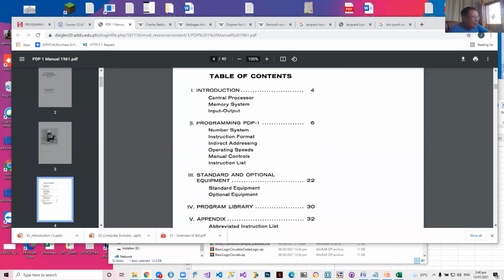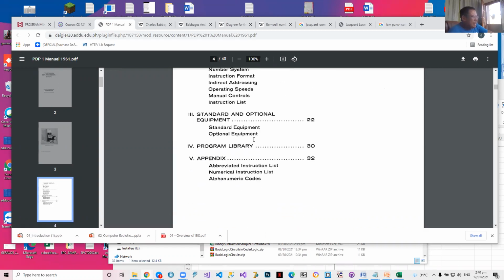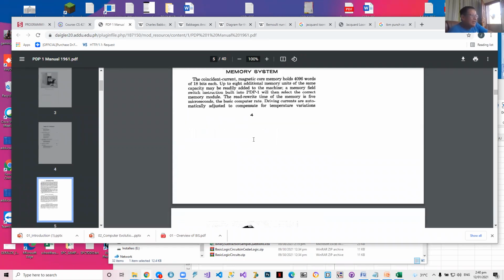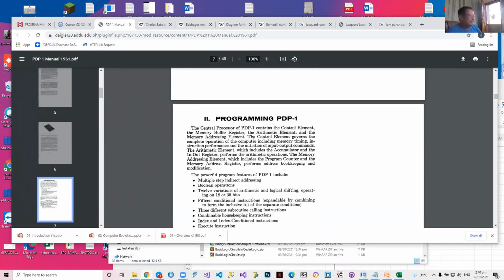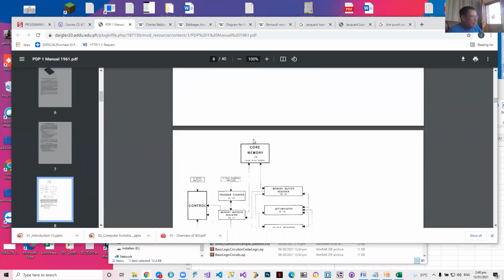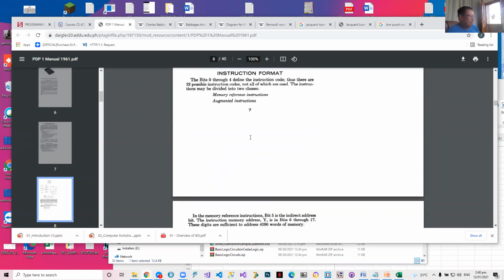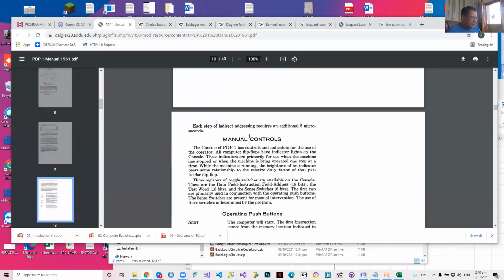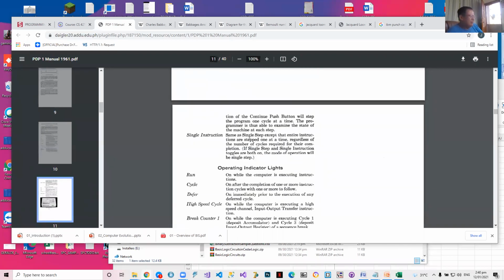But it manufactured smaller computers. Which means that hindi siya 40-bit, 20-bit lang siya. Do you follow? 20-bit machines. But it's still basically like the IAS.